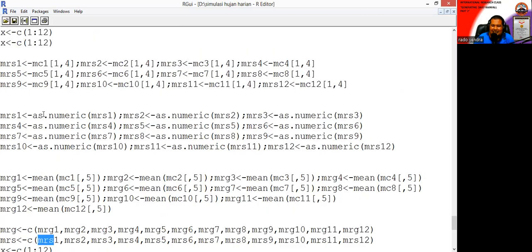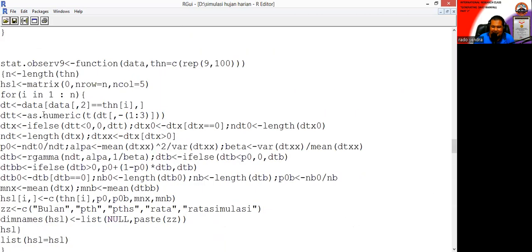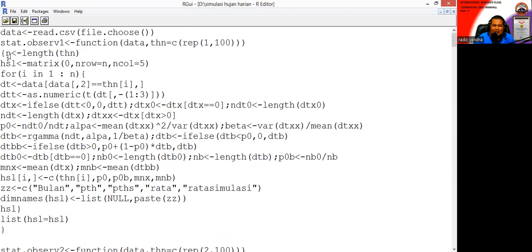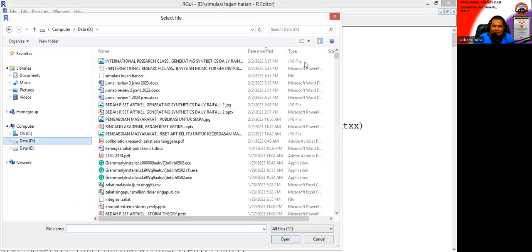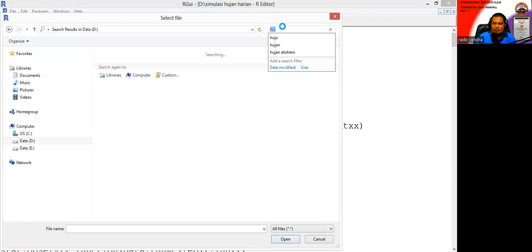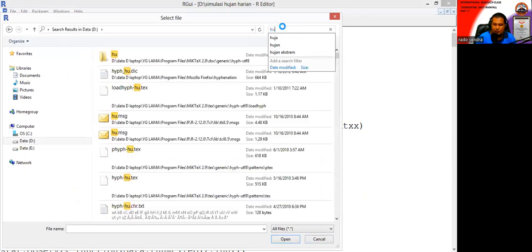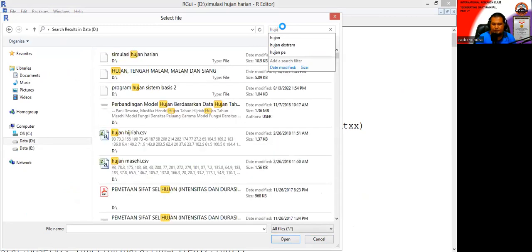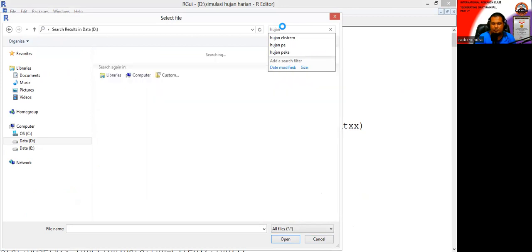Okay, let's run our program. The first one, we call our data. The name of the data is Hujan Pekanbaru.